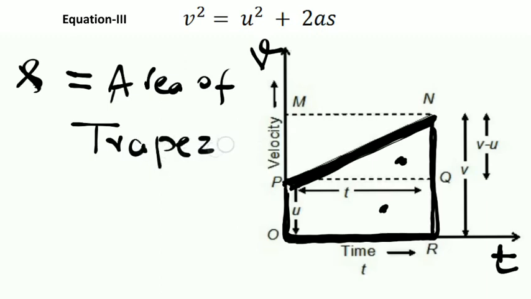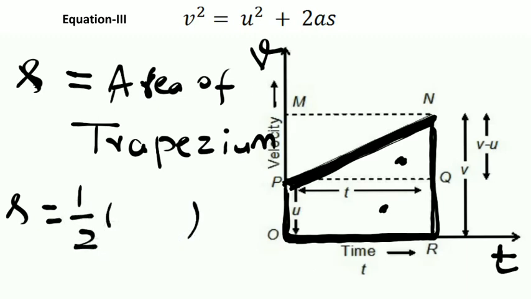So how do we calculate the area of a trapezium? Watch here. The area of a trapezium is half the sum of parallel sides. This is one side, another side is this, and these two sides are the parallel sides of the trapezium.